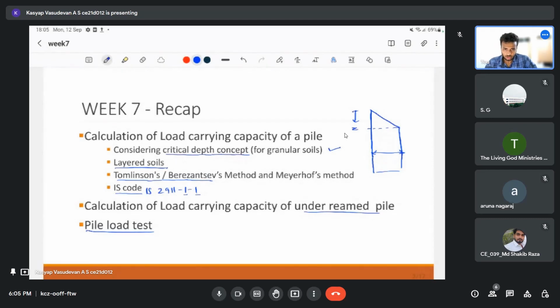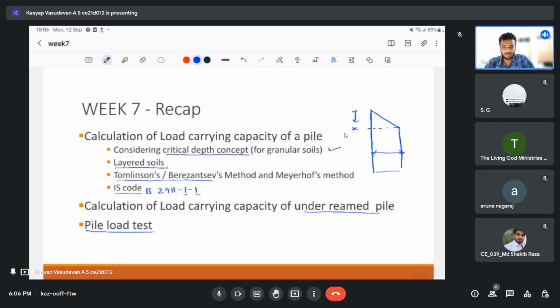So though these things hold good for design, after design we are supposed to test a few piles and confirm whether we have over predicted the capacity or not. So pile load tests are important.